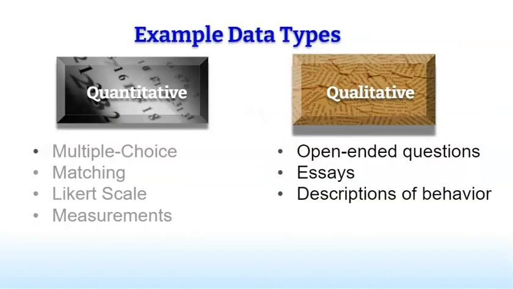And qualitative research allows us to take open-ended questions and analyze the results, or essays, or descriptions of behavior, observations of behavior, and we can take those rich textual descriptions or explanations and then analyze those to try to understand what our variables are about.